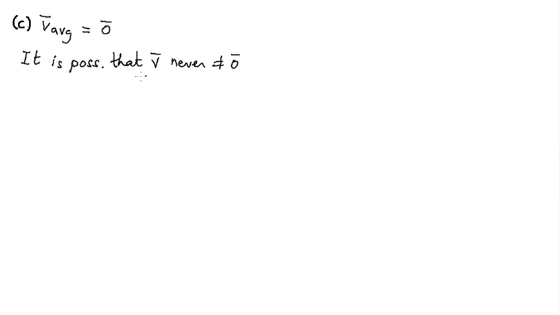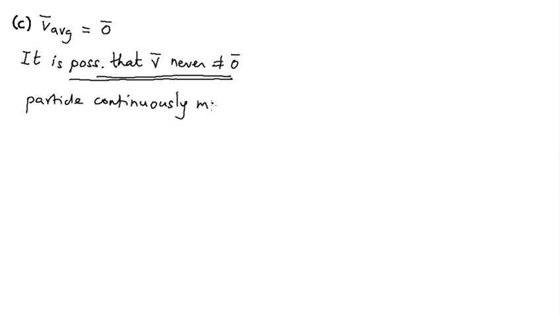Now when we simplify this statement, if V bar is never equal to 0 bar in a certain time interval, it basically means that the particle never stops even for an instant during that time interval, which essentially means that the particle continuously moves during that particular time interval.